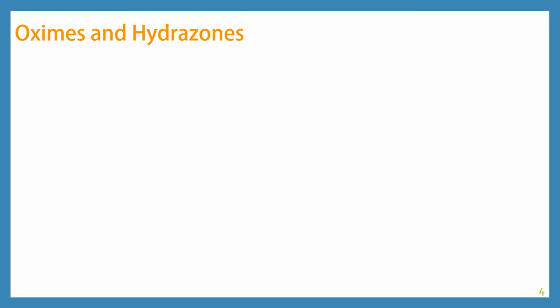So our next topic is oximes and hydrazones. These are basically imines that are just made with more complicated amines. So for example, in this first one, we see a reaction with hydroxylamine.